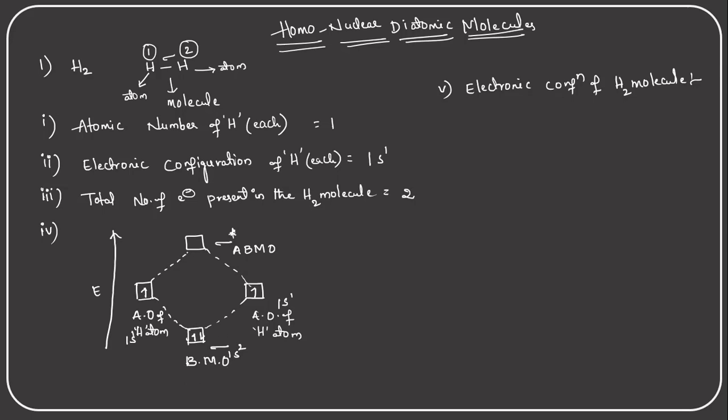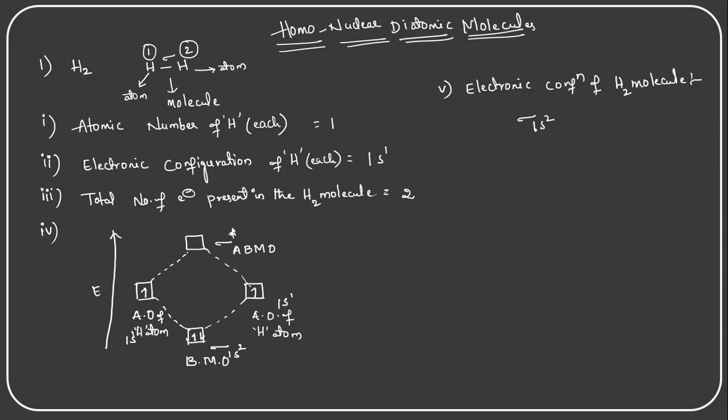Here the bonding molecular orbitals and anti-bonding molecular orbitals come into the picture. So the electronic configuration of the H2 molecule is sigma 1s2.